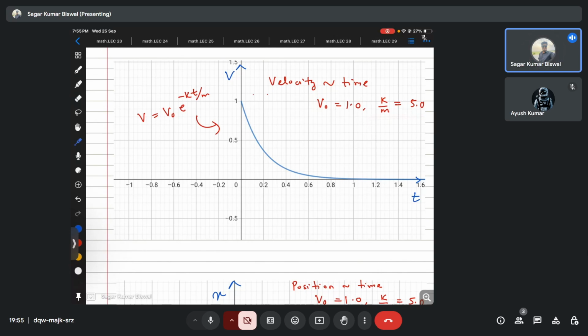So let's just assume some values. Then if the velocity was 1 in the beginning, eventually it will become 0 as time increases due to the frictional force. The friction will try to stop it from moving. So that's why as time increases, the velocity will just go to 0, right?